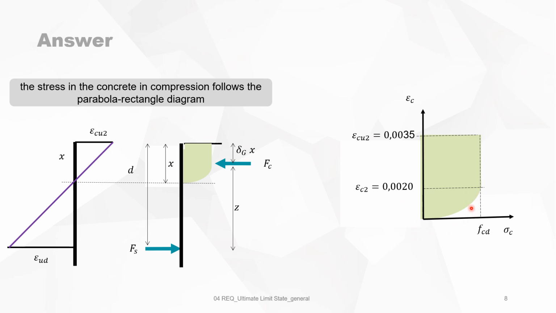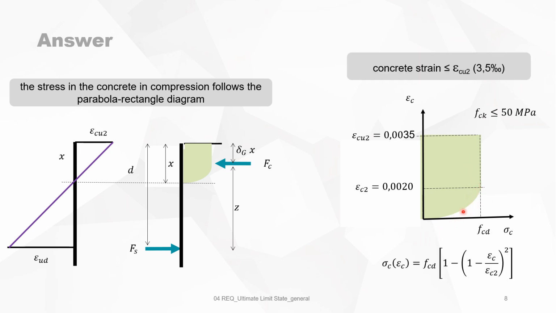The parabolic portion goes until a strain of 2 per mil, and the maximum strain is 3.5 per mil. The maximum stress is fcd. This is valid for concrete quality smaller or equal to 50 megapascal. The relation between the stress and the strain is given by this formula.